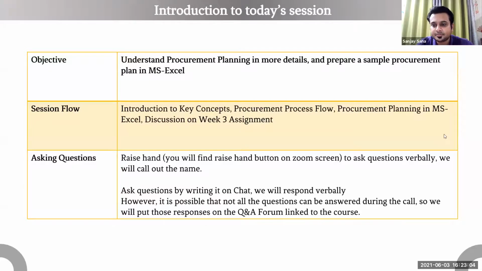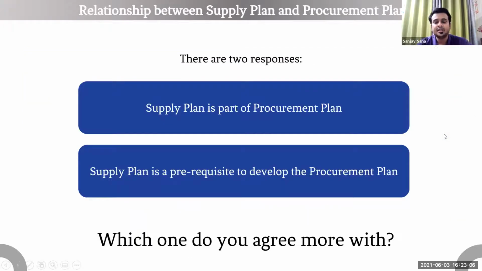Okay. So to begin with, there are many people who tend to confuse a supply plan and a procurement plan. They are slightly two different things, but I want to first understand from you what your impression is of how these two things are linked.